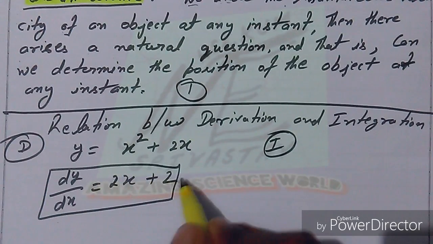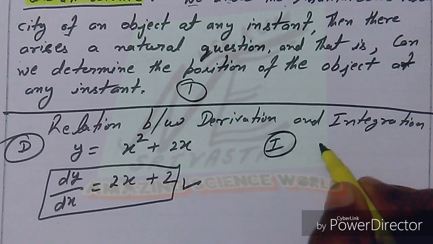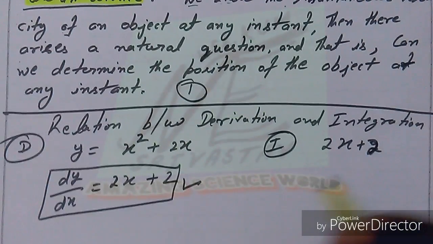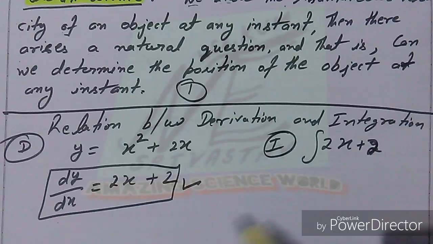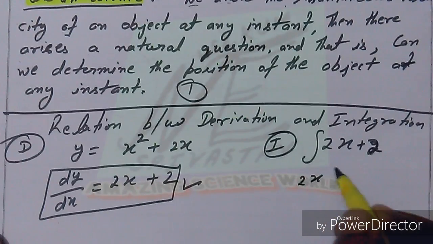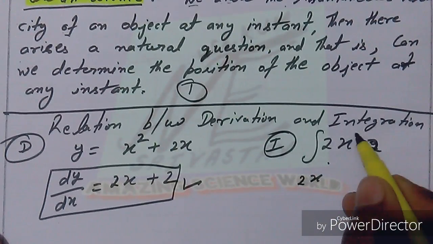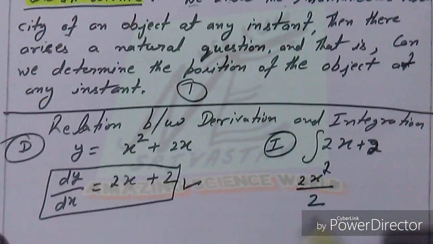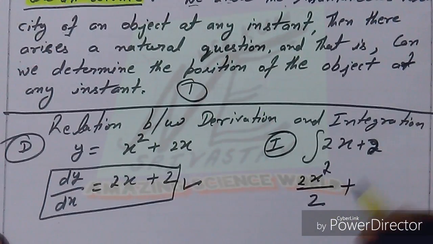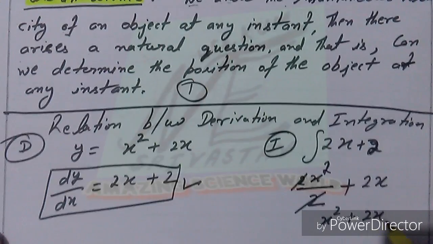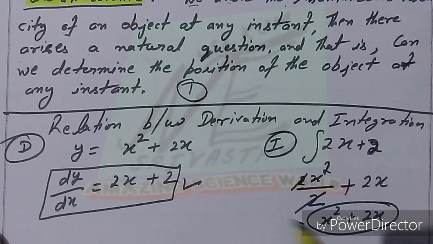And now we integrate this, 2x plus 2. What comes? 2x to the power 1 plus 1, that is power 2, divided by that power 2, plus 2x. Now what comes is x square plus 2x, the same equation.